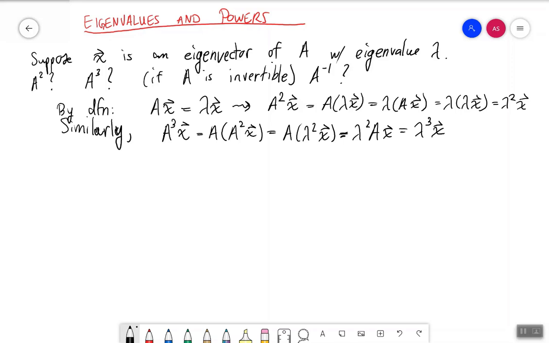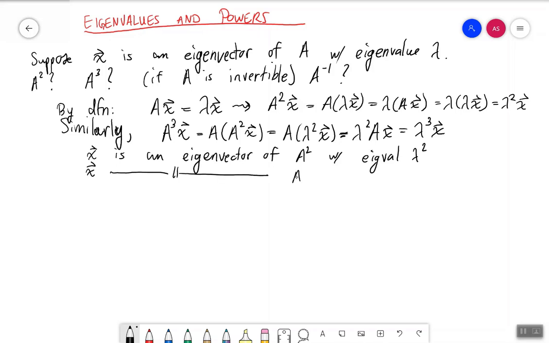So in other words, x is an eigenvector of A squared with eigenvalue lambda squared, and x is an eigenvector of A cubed with eigenvalue lambda cubed. I'm going to box this because that's important.